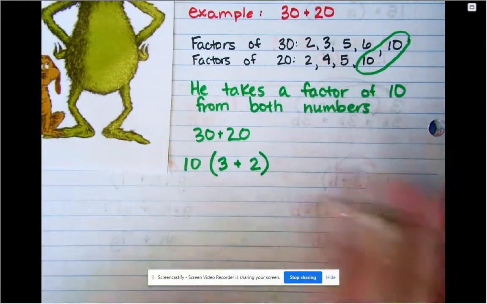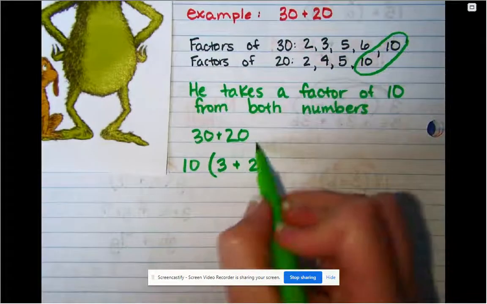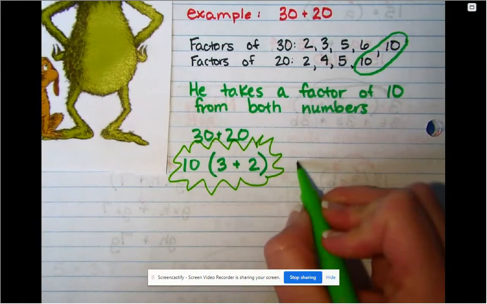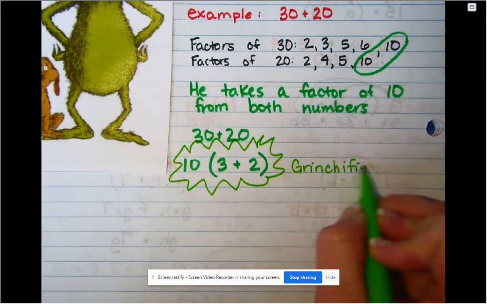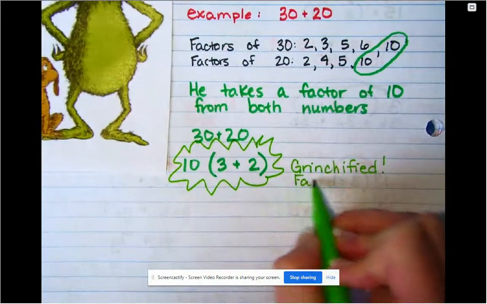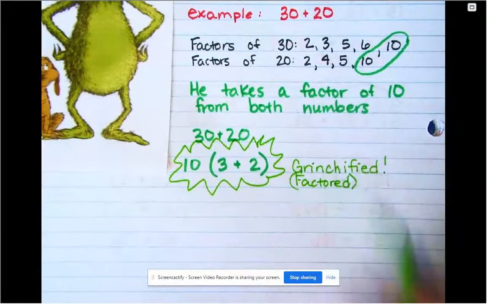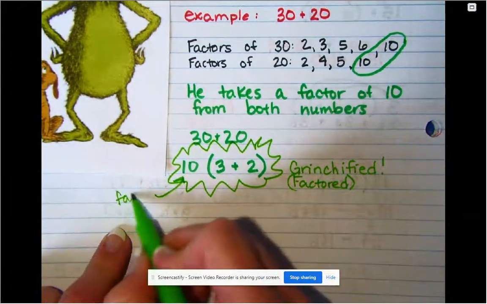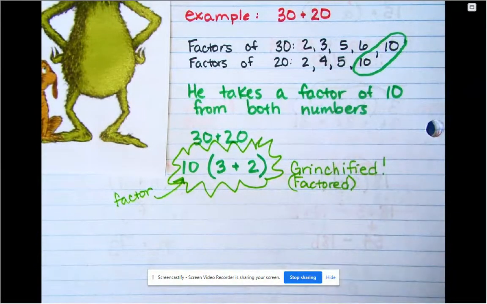So this, I usually use the term, is Grinchified. This is a factored expression that has been factored. Meaning we pulled a factor out front and we pulled it out of the numbers that were there.